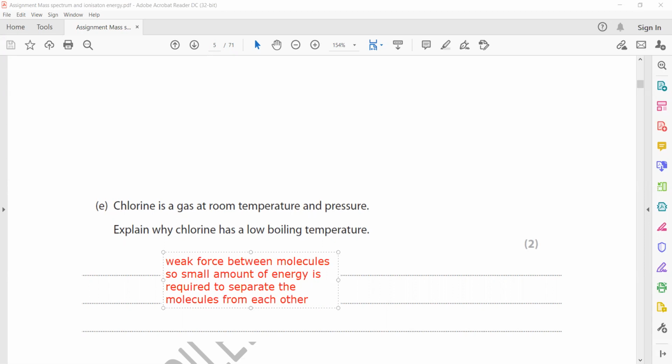That's why it has a low boiling point compared to the other halogens.